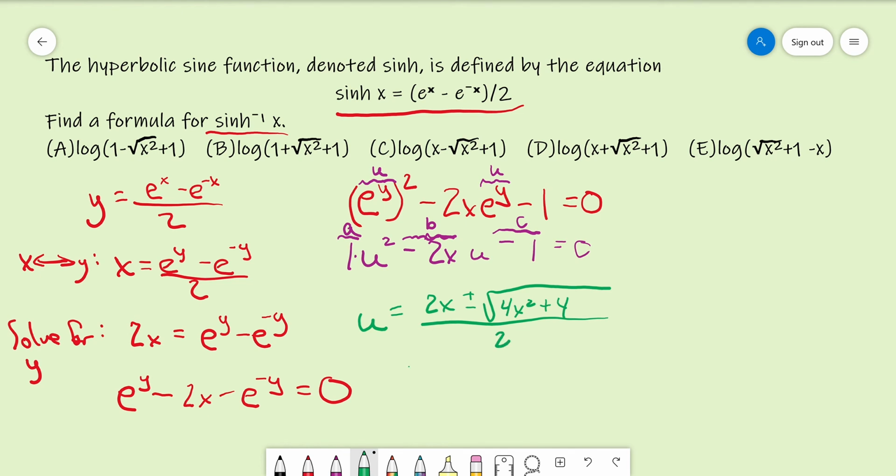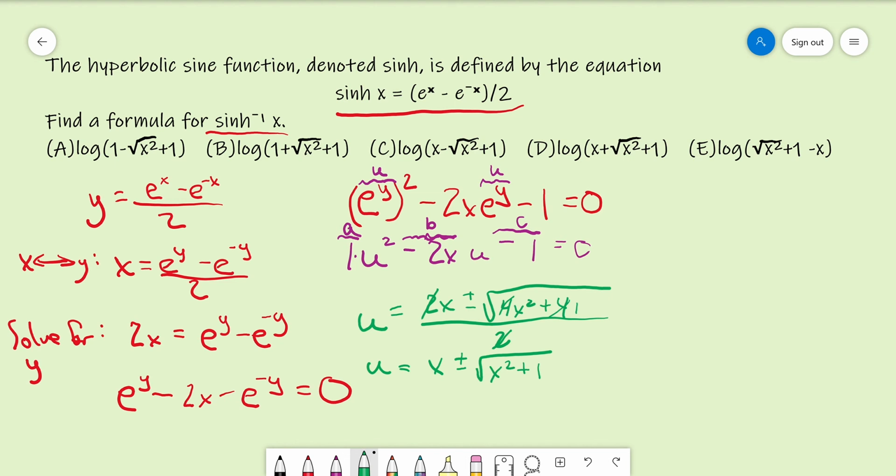We can simplify this as u equals, the 2's are going to cancel out, and we're going to factor the 4 out of the square root. That's going to be root 4, so that's going to be 2, which cancels with the denominator, and we'll get x plus or minus the square root of x squared plus 1.